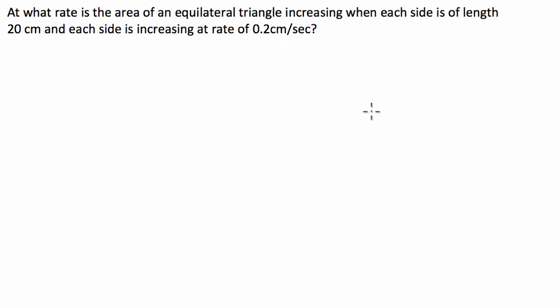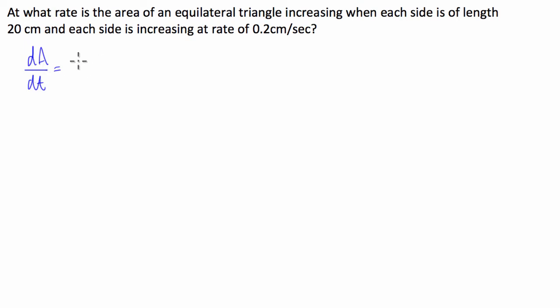Okay, so basically what we have here is a related rates style question where we've been asked to find the rate of change of area of the triangle with respect to time. Now what we do with a question like this is we use the chain rule to find two other related rates that we can find the product of, which will give us dA/dt.